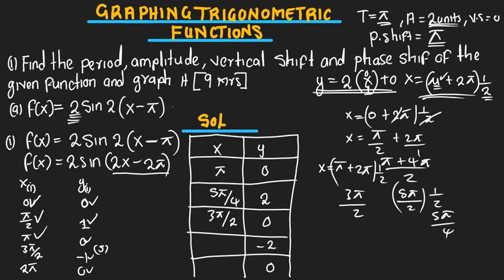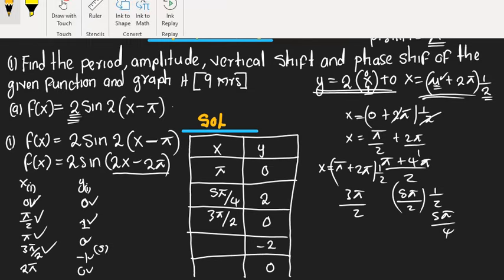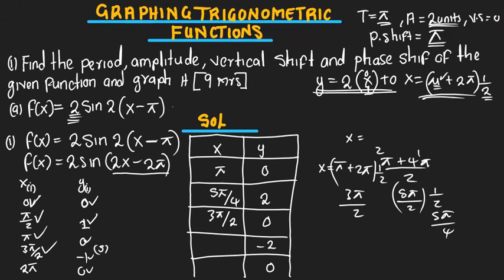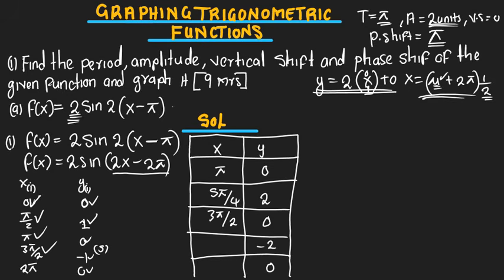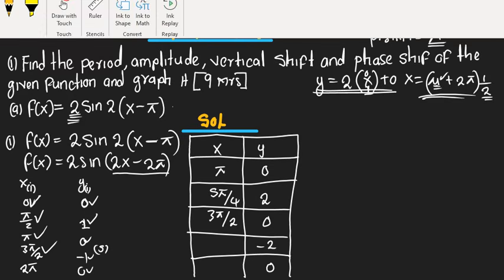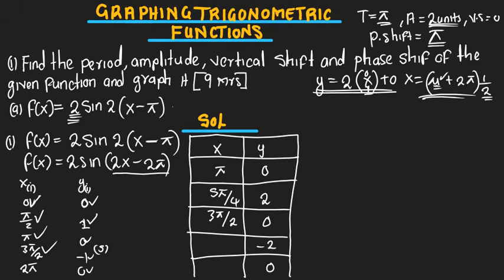Then I go to my fourth point, which is 270 there. I'll use the same concept. You don't need to struggle. It will take you directly. So you said 3 pi over 2 plus 2 pi. Whatever you get, you multiply by 1 over 2.